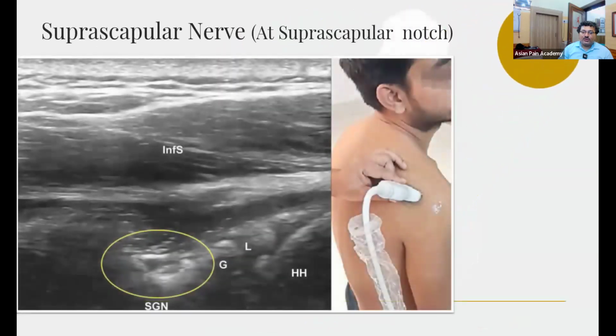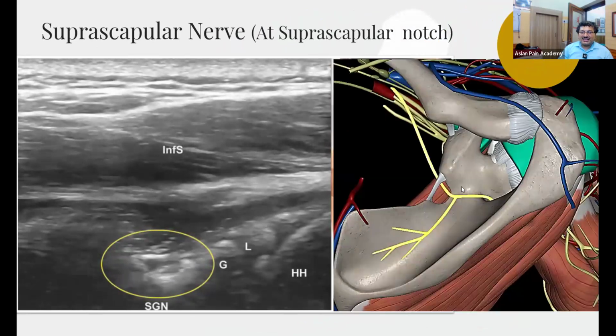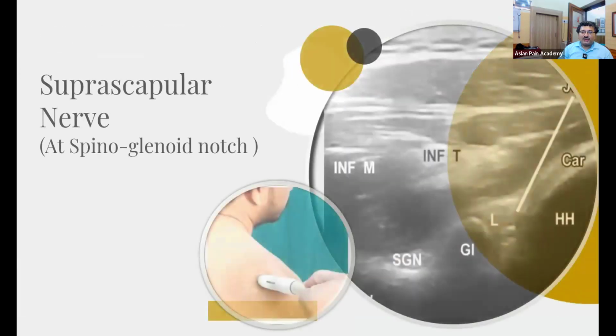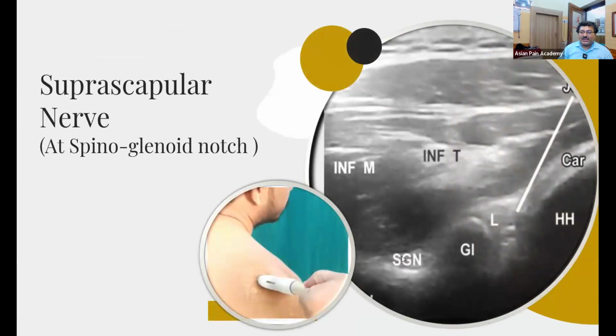So let's talk about the nerves. So how it looks. When we are looking at the suprascapular notch, we can get a vessel and the nerve at this point, by which we are able to locate this area. Here we can see at the level of the infraglenoid notch or the spinoglenoid notch.